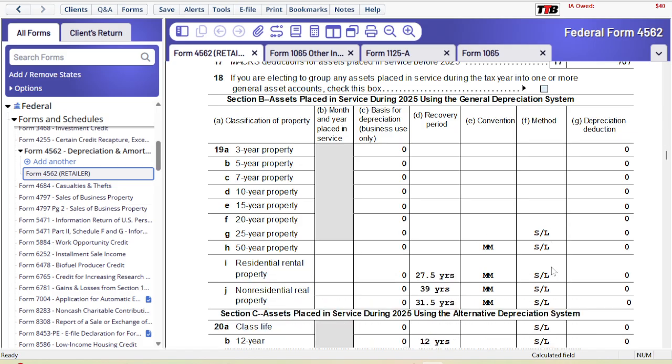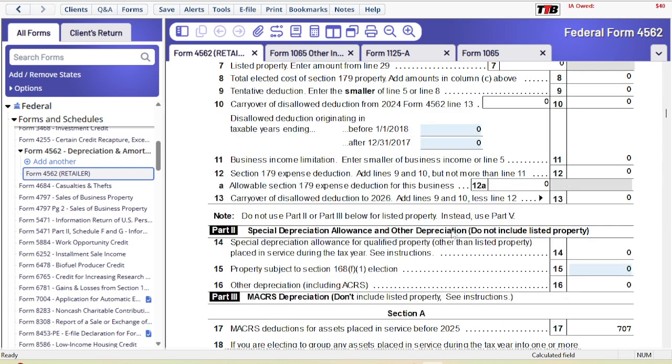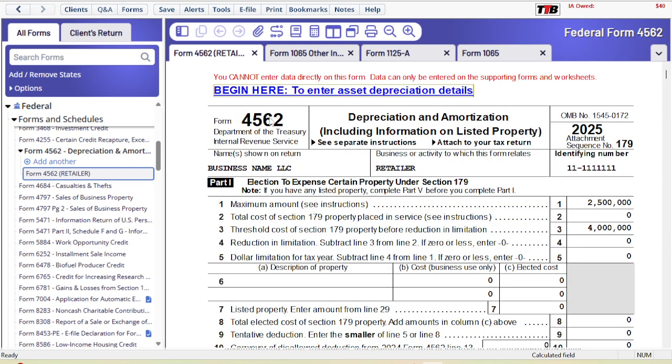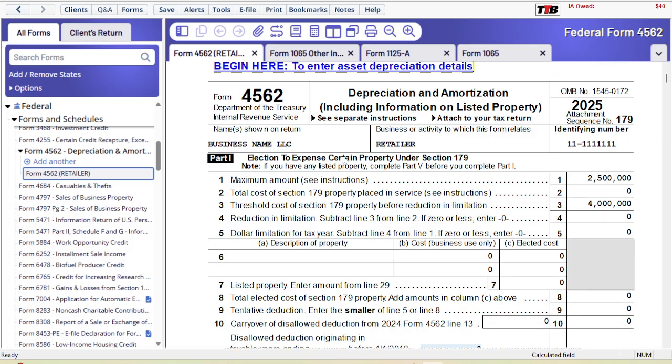So if you have any asset purchased in 2025, you will be required to attach Form 4562, Depreciation and Amortization.